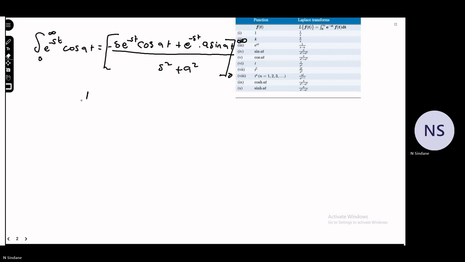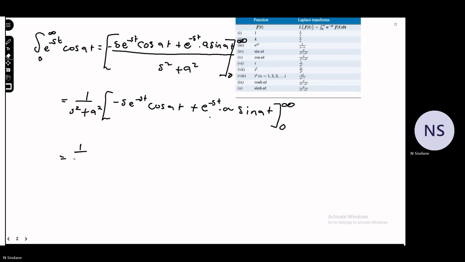This will be 1 over s squared plus a squared outside the bracket, then minus s e to the power minus st cos of at plus e to the power minus st multiplied by a sine of at, and this from 0 to infinity. Then I can now substitute.